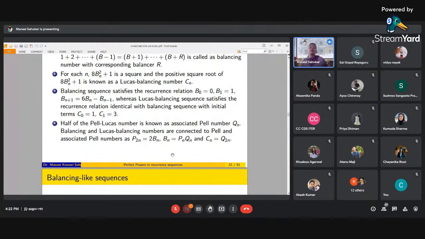And if you multiply the Pell and Pell Lucas numbers, we get a balancing number. And one more property is, if you check all the even terms of the associated Pell numbers, we get the Lucas balancing numbers. That's why both are interrelated, because you already know the Pell and Pell Lucas sequences and their properties, so it is easy to find some properties of Bn and Cn also.